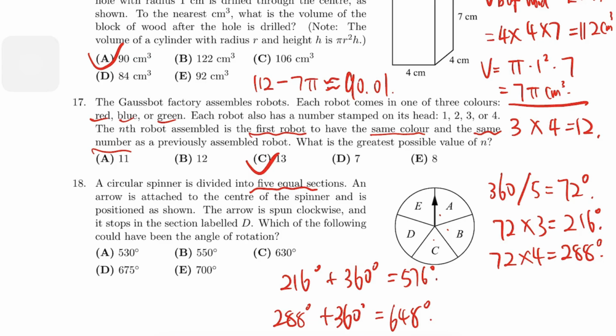So now let's go back to see our answer, which one is in this range. So C, 630. Okay.